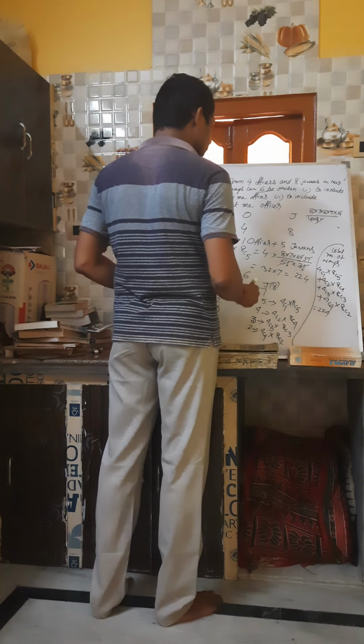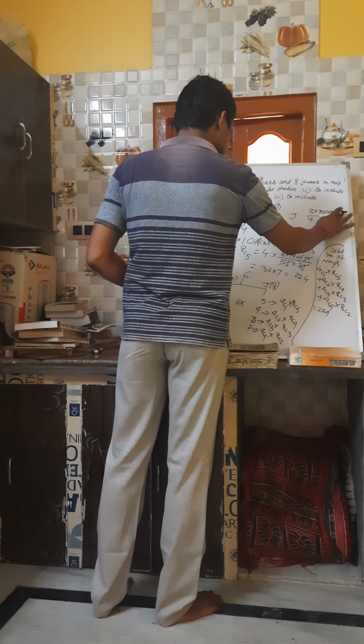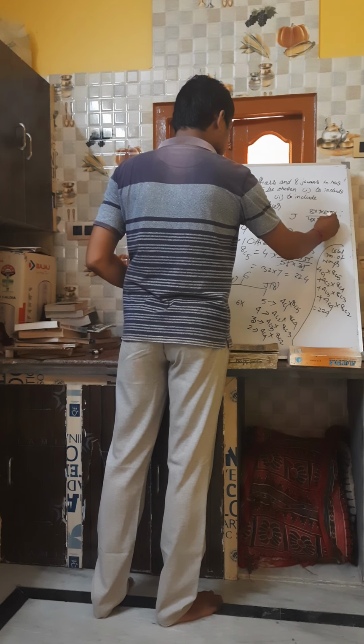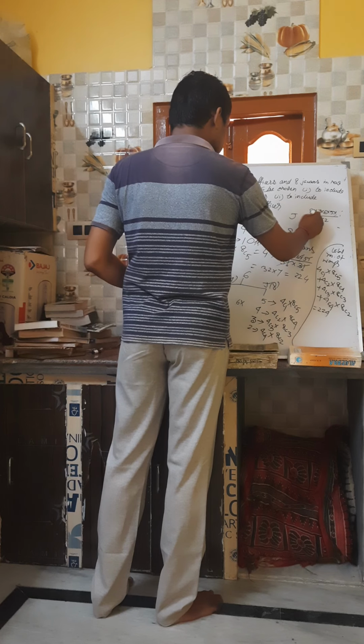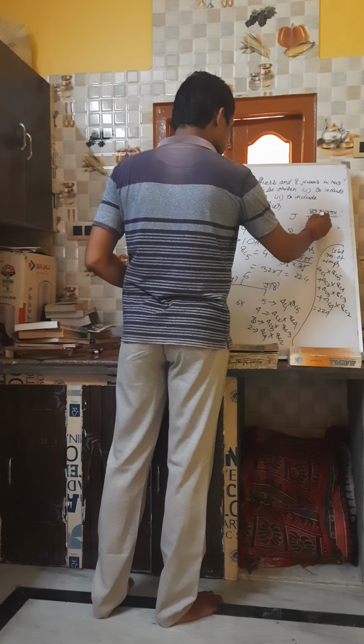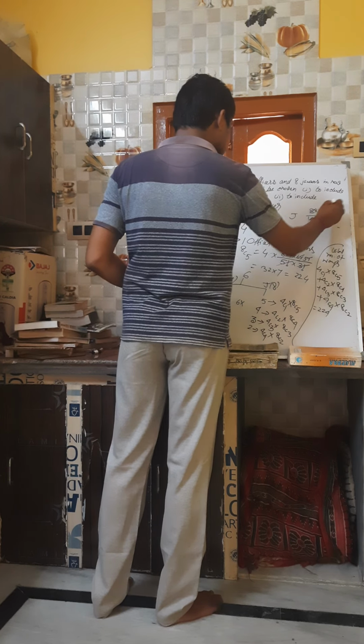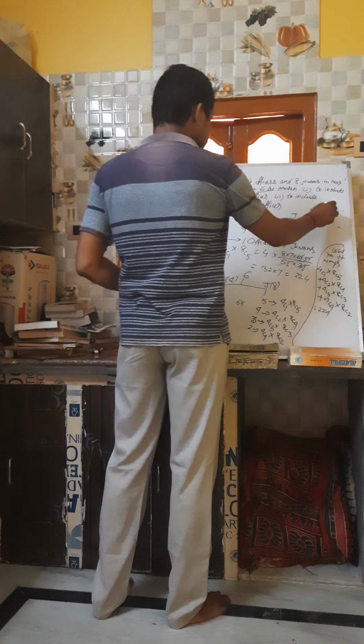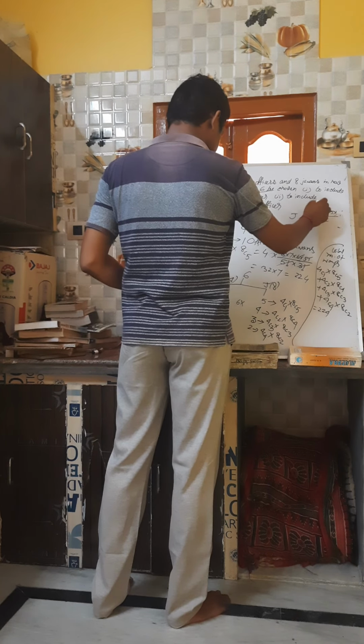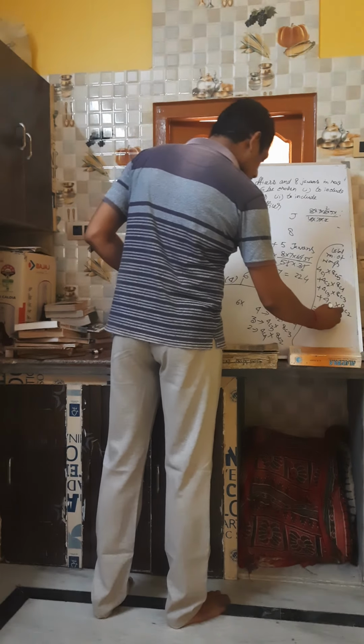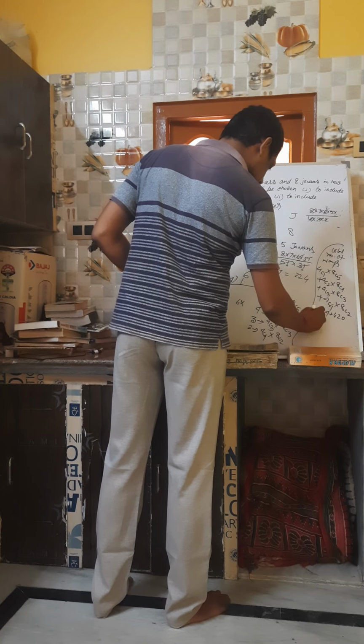The 4 factorial gets cancelled. So now you have 4 into 3 into 2 below; 4 into 2 is 8, 3 into 2 is 6. So 5 into 2 is 10, 10 into 7 is 70, 70 into 6 is 420.